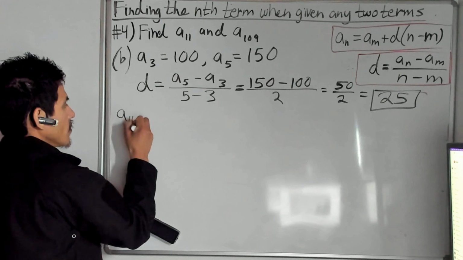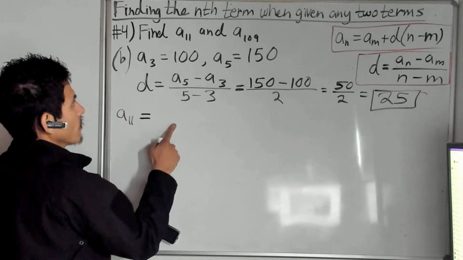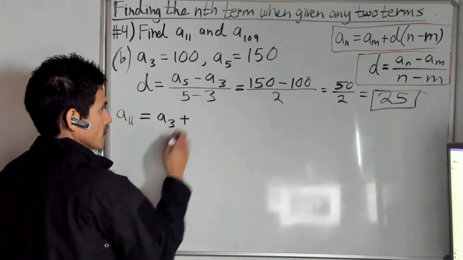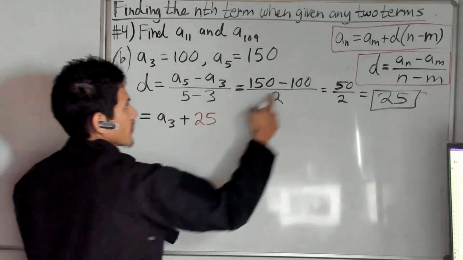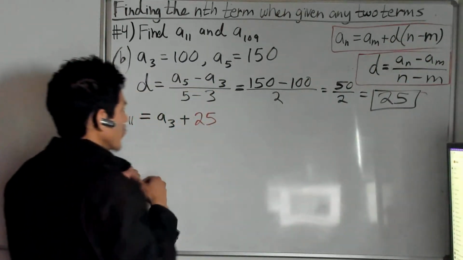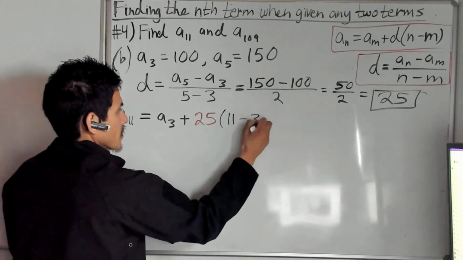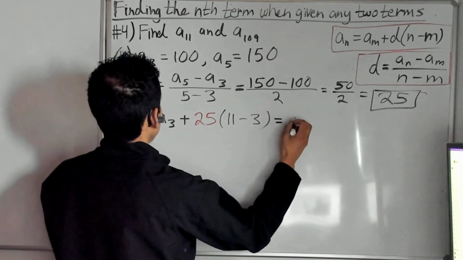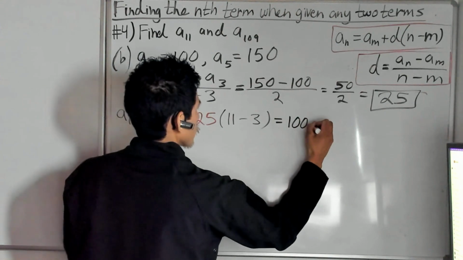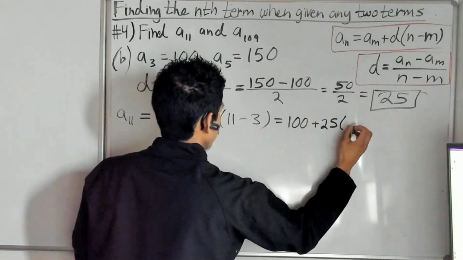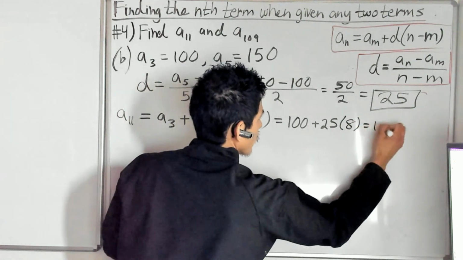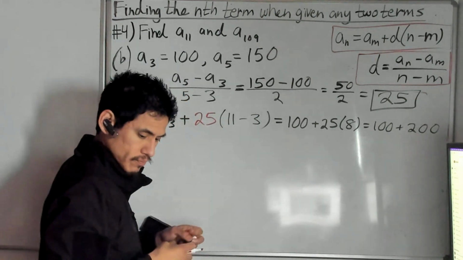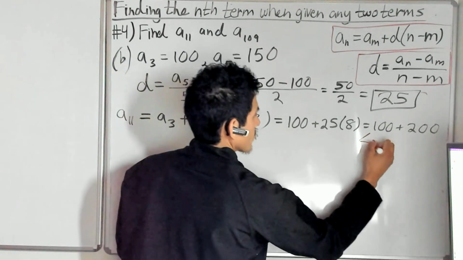So A11 will be, in this case, let's have AM be A3 plus D, so plus 25 times 11 minus 3, because our M is 3. Then we just work it out. So 100 plus 25 times 8. So 100 plus 200, and we'll get 300.